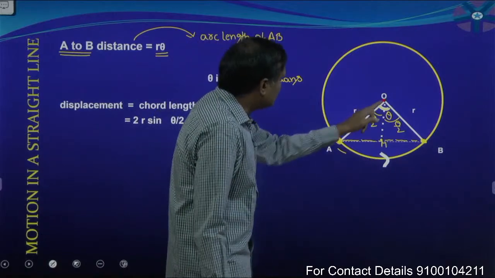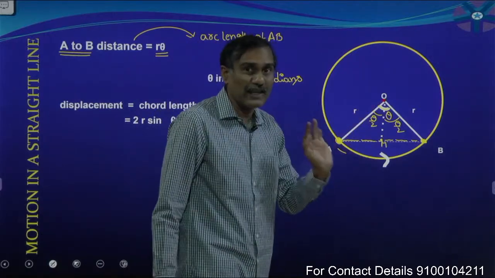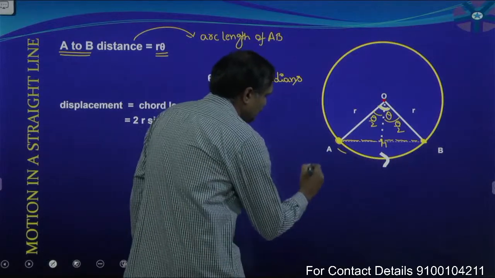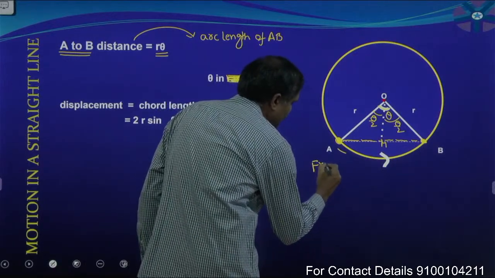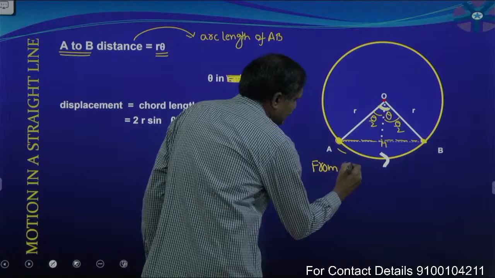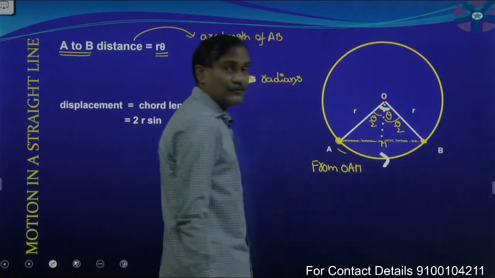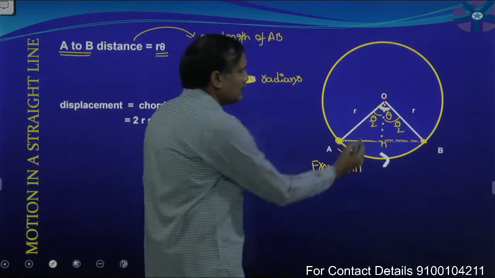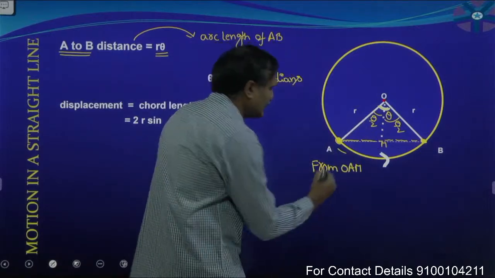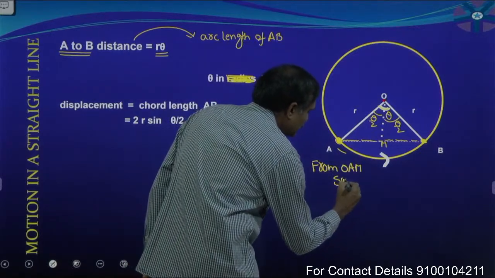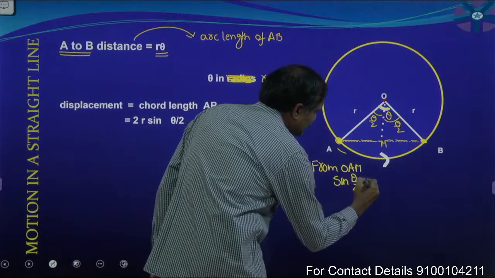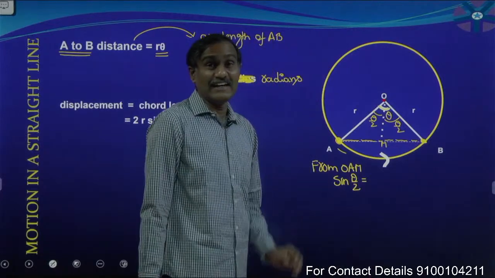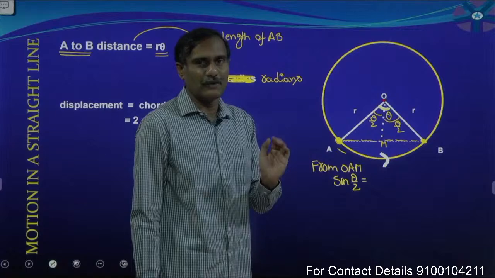Now, consider the triangle OAM. From the triangle OAM, use sine of the angle, that is sine theta by 2. Sine theta is nothing but adjacent side divided by hypotenuse.